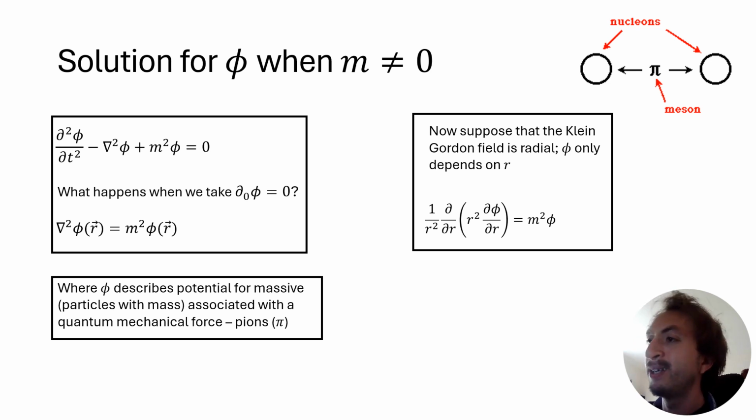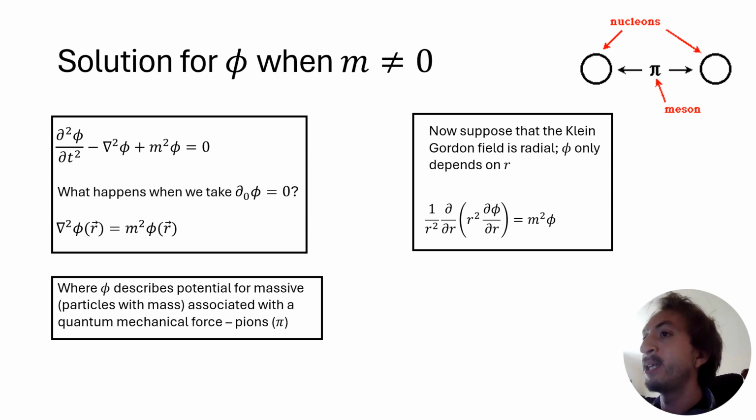Well, because we're describing a force, and most forces in nature are radial, and there's no reason to think that the strong force in a nucleus wouldn't be radial, we might make a guess at a sensible possibility where our field isn't just dependent on spatial coordinates, it's radial. So it just depends on the radial distance between, say, 2 particles in the nucleus. It doesn't depend on their relative angular positions.